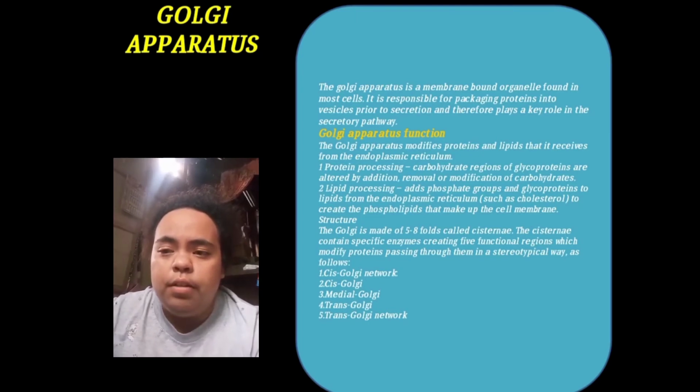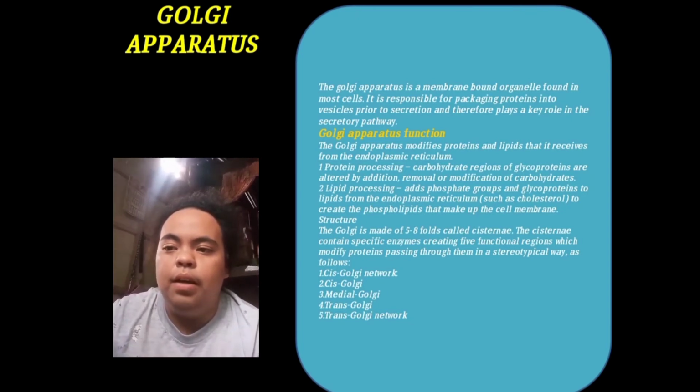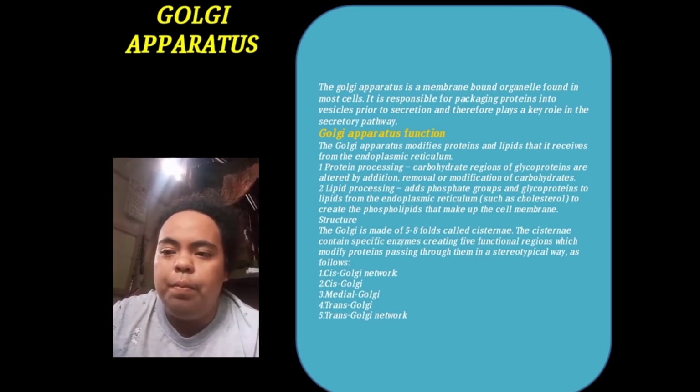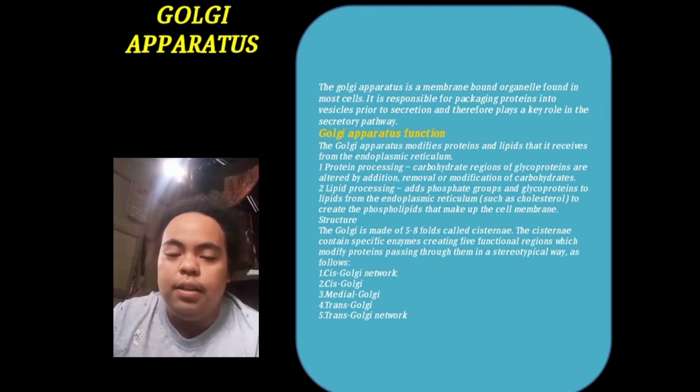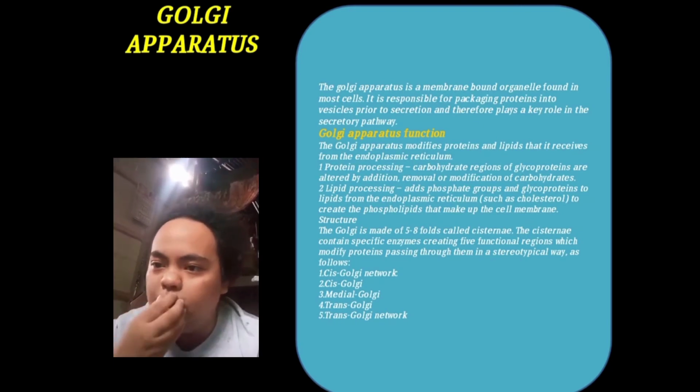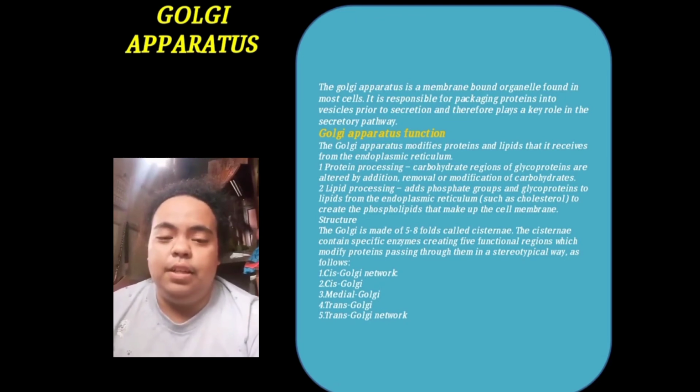The cis phase of the Golgi stack is the end of the organelle where substances enter from the endoplasmic reticulum for processing, while the trans phase is where they exit in the form of smaller vesicles.